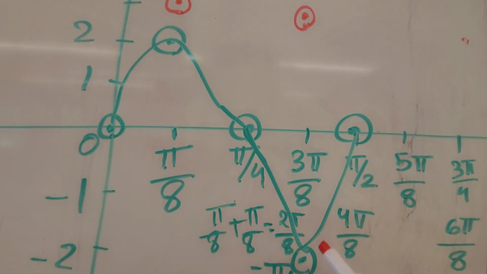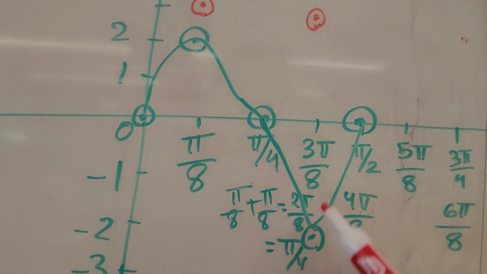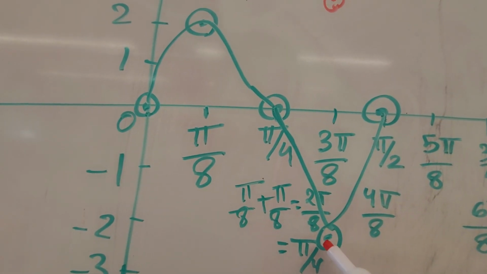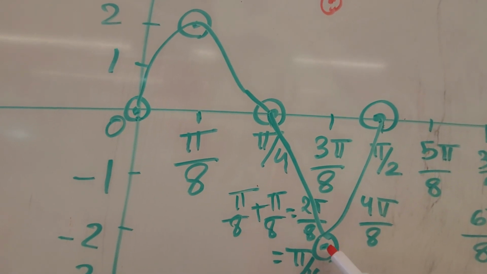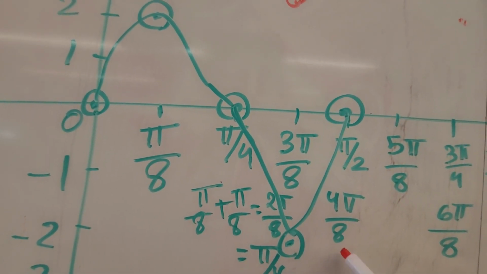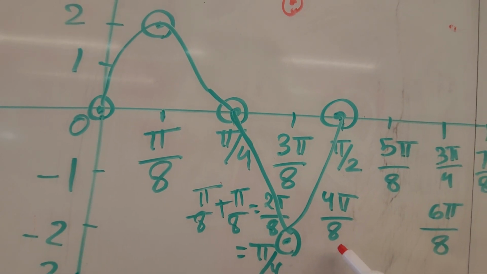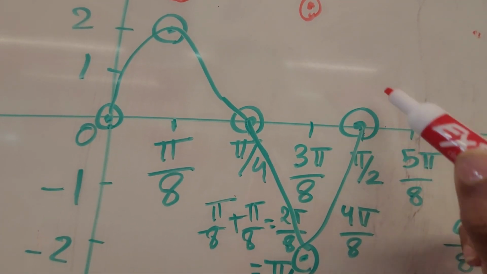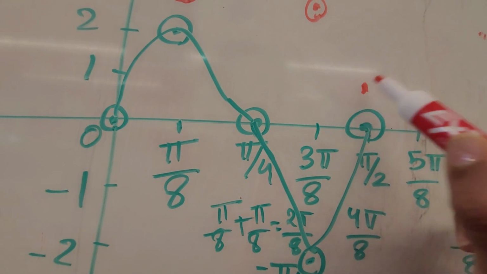And my next point is at 3 pi by 8. My standard graph value is at the minimum point, which is -2. Now I'm going to move it 1 unit to the right, so it comes to pi by 2. And now I need to move 3 units up. So -1, 0, and 1.